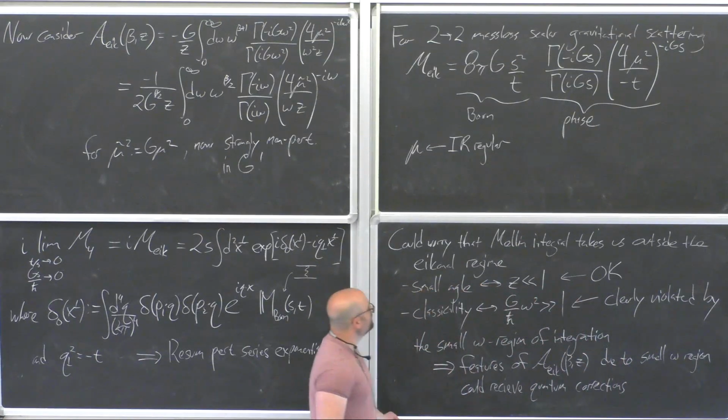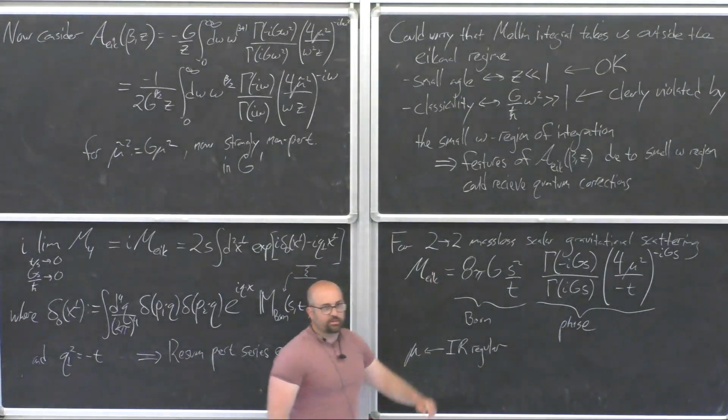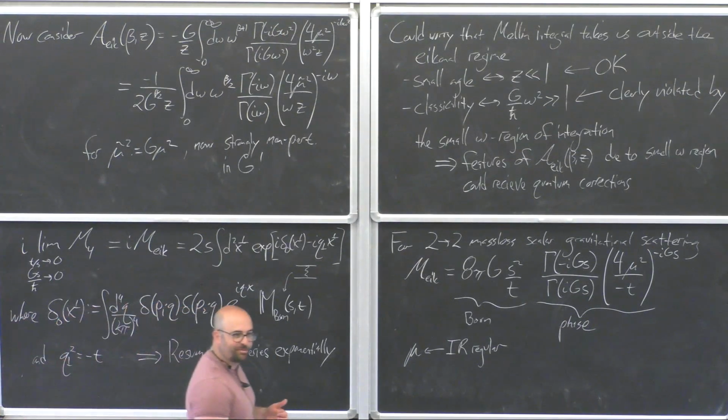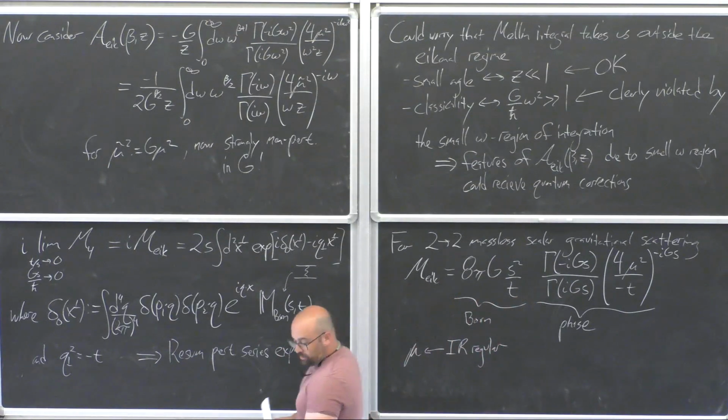But that's not something we should be losing too much sleep over, the same way that when we compute a tree level or an L-loop scattering amplitude in our favorite effective field theory in momentum space, that amplitude is liable to receive corrections from higher loop effects, from quantum effects. Okie doke.